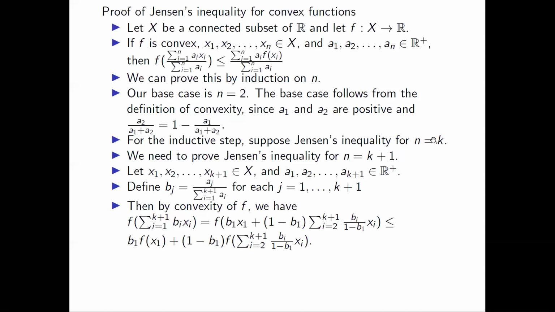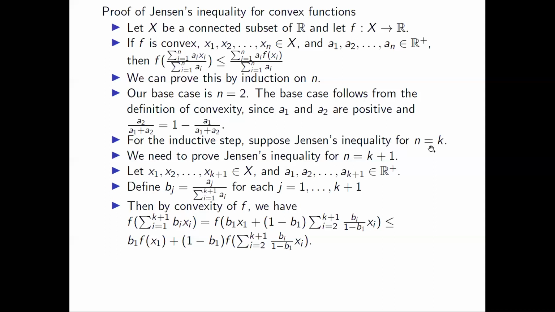We can rearrange the terms inside the f. So we can write that as f of b1 x1 plus the sum from i equals 2 to k plus 1 of bi xi. The sum from i equals 2 to k plus 1 of bi xi, we can write that as 1 minus b1 times the sum from i equals 2 to k plus 1 of bi over 1 minus b1 times xi.